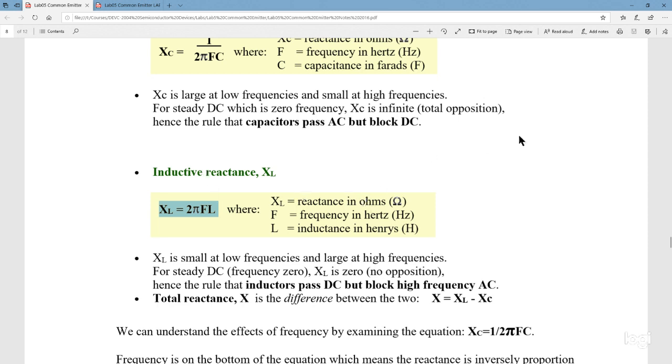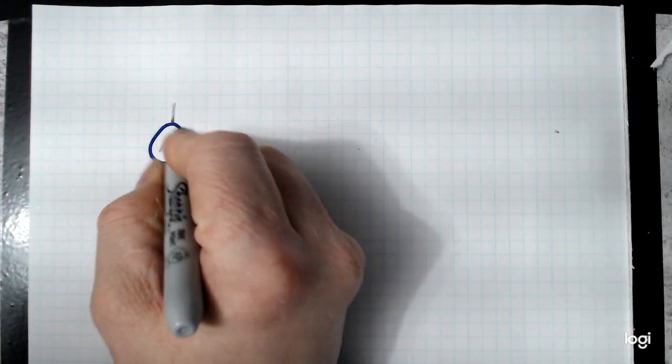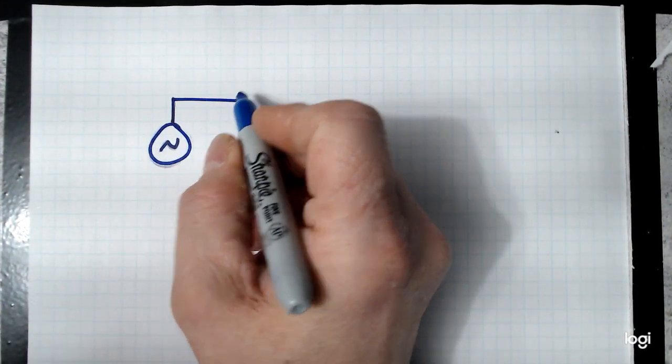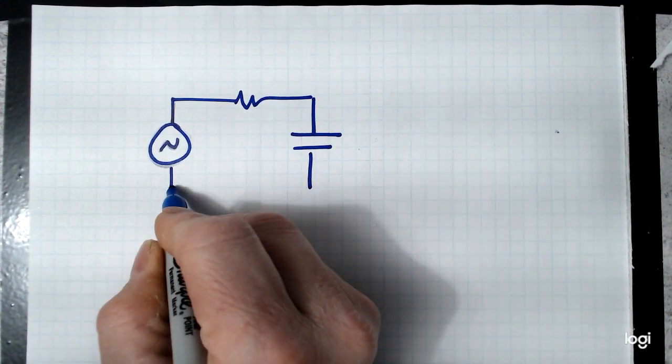If I draw a circuit, I'll just put a little circuit down here, with some AC coming in. Here I've got a resistor and here's a capacitor.